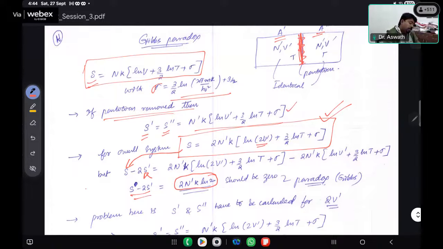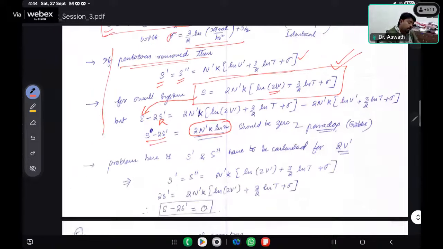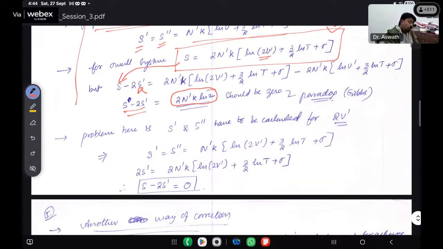If I take the difference, I'm getting that. So to address this, what should you do? The problem here is when I remove the partition, the volume available for S prime and S double prime is actually doubled. It's not single. When you do this, it will be addressed.